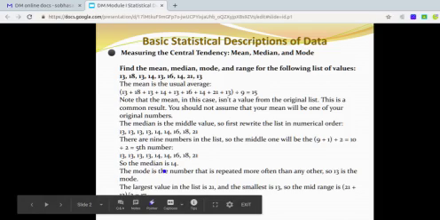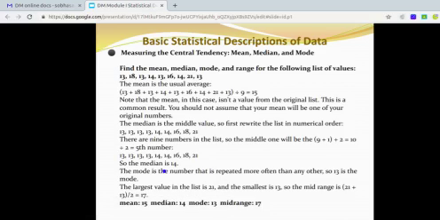And another term is something called mid-range. Mid-range is the simple average of lowest and largest. So here the minimum value is 13 and the maximum value is 21. So 21 plus 13 divided by 2, 17. So you have mean, median, mode, mid-range. They are actually the measures of center tendency.